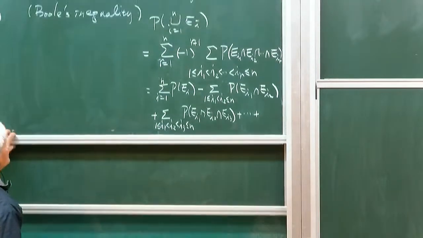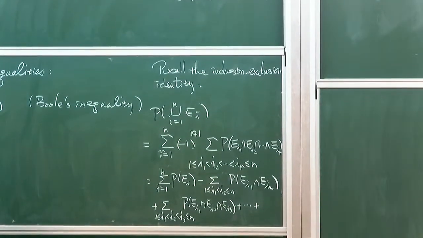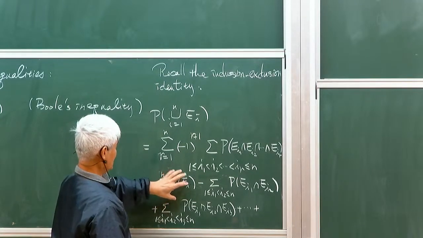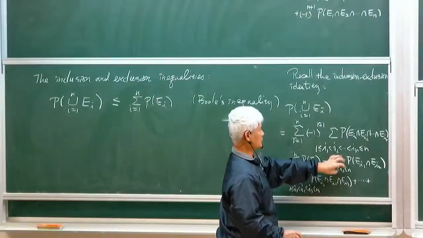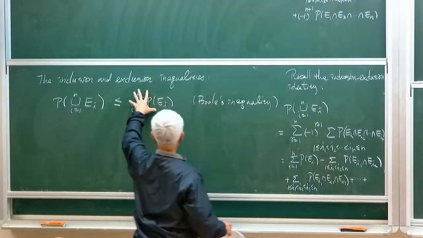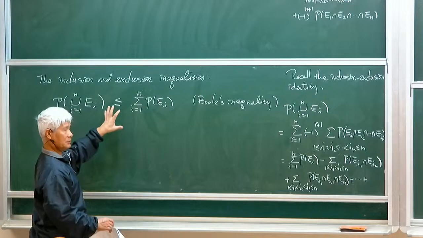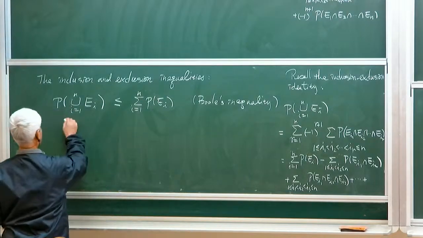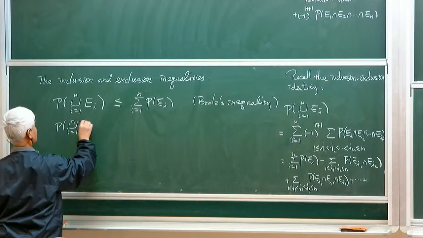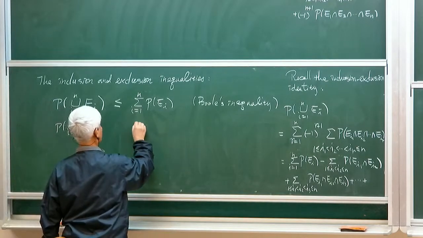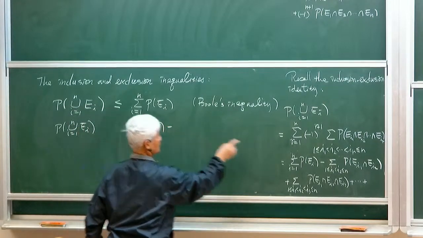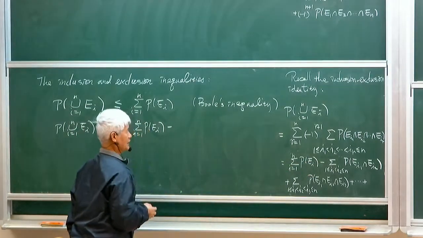But now, suppose that we want to use the first sum only. Because we do not do the exclusion, meaning that we do not subtract this sum, this sum would be too big. So this would be an upper bound. But what happens if we decide to do the subtraction?